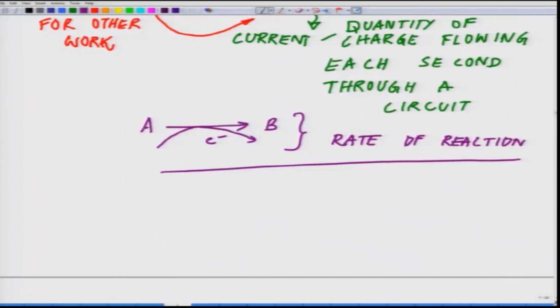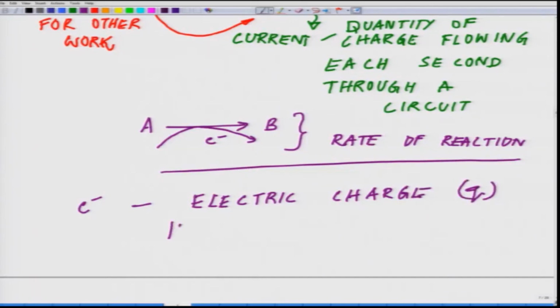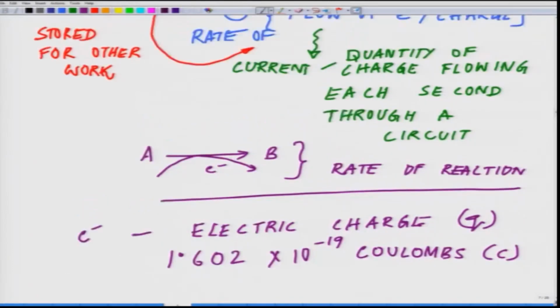Now, when we talk about an electron moving, it should have a certain amount of charge. The electric charge in this situation is represented by Q. The electric charge of an electron is 1.602 into 10 to the power minus 19 coulombs, represented by C. This is the charge on a single electron.